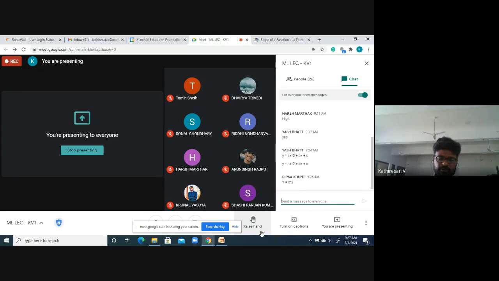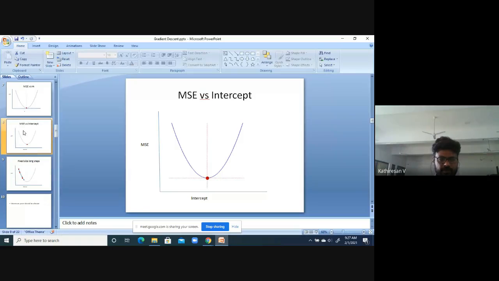Now come to this point. This is a highly important thing. It is highly sensitive. Before getting into this, I would like to get into the slope.